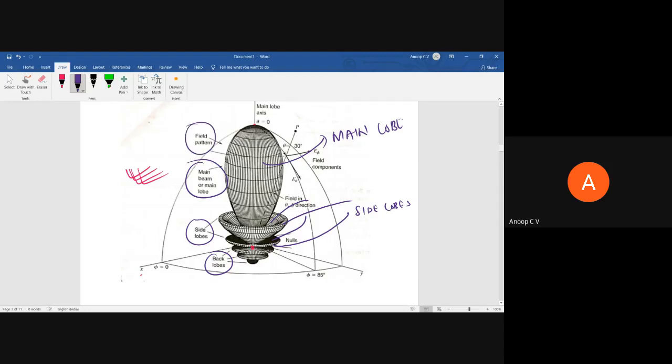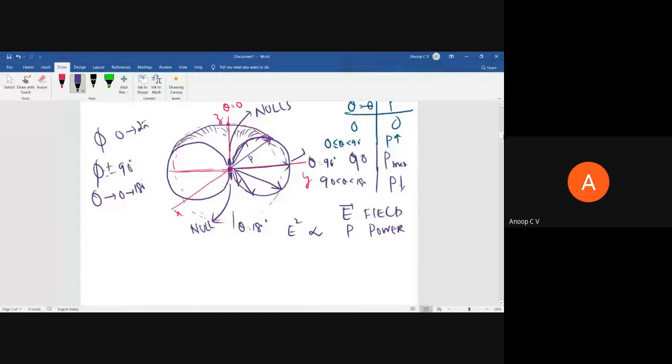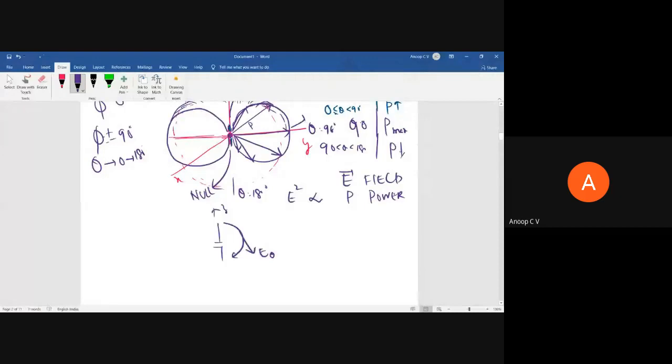So in the case of a half-wave dipole, if you see the field, at any given point the electric field will be directed towards theta, if you're placing it along plus z. E will have a theta component. Similarly, the magnetic field at any given point will be directed towards phi.